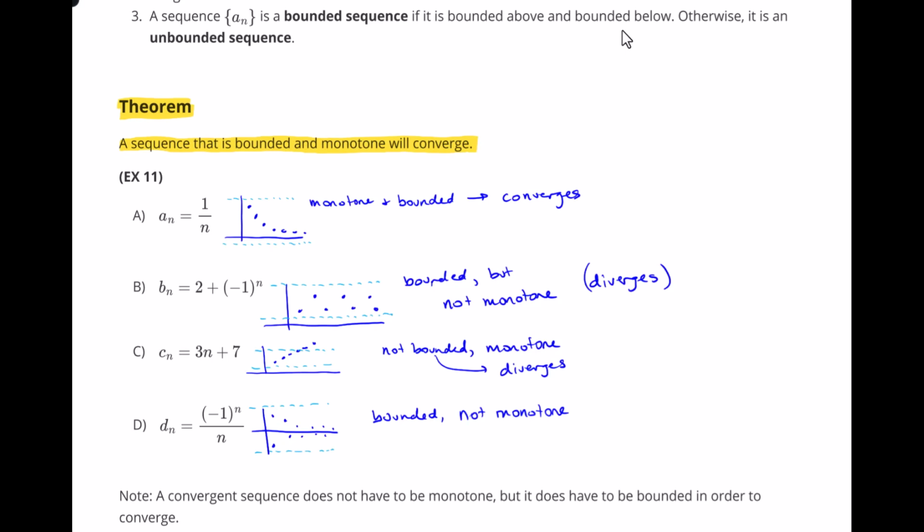It diverged. Here we have a sequence that's bounded and not monotone, that's converging. Again, the theorem only works for sequences that are bounded and monotone. That proves that it will converge. If anything else happens, you can't use this theorem for proof. You have to use alternate methods.